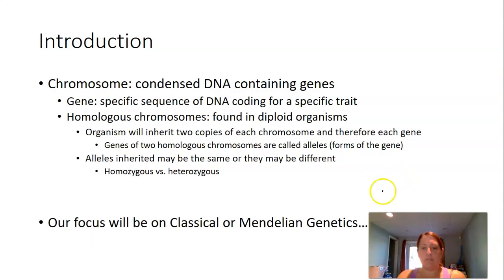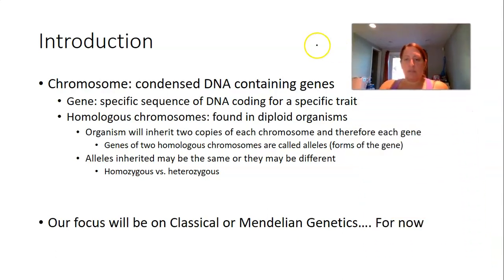Before we go any further, let's make sure that we understand some terms. We talked about chromosomes in the last chapter, so you know that chromosomes are condensed DNA that contain genes. You know that a gene is a specific sequence, a location on a chromosome that codes for a specific trait or characteristic.